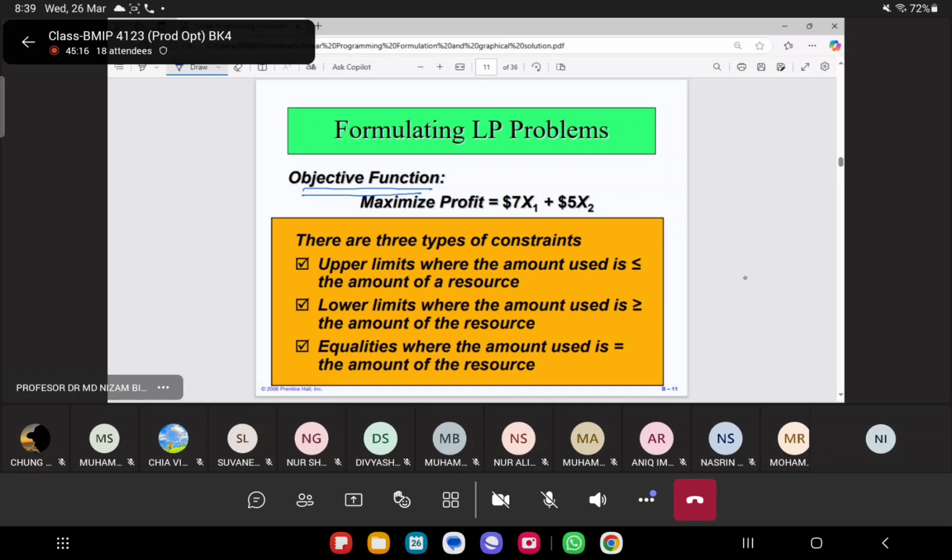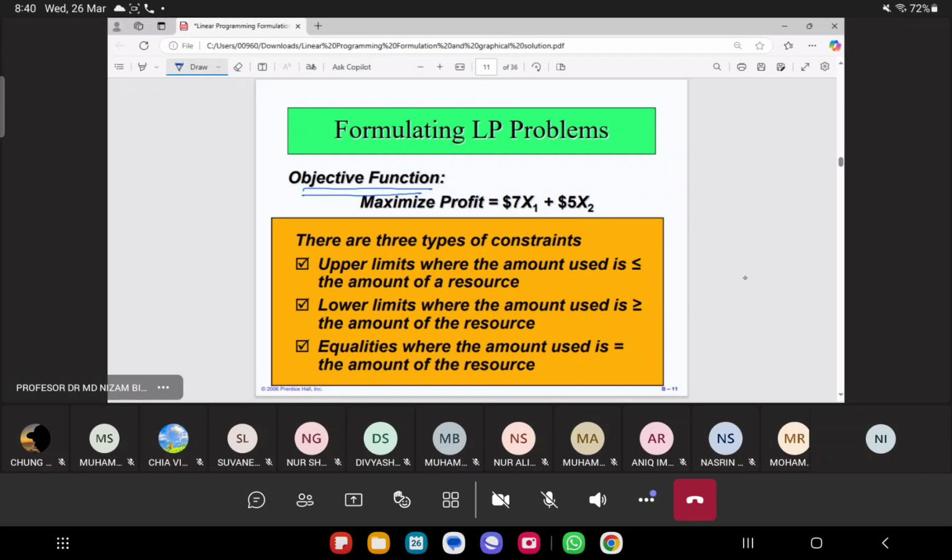Once you develop the objective function, the next step is to define the constraints. Remember, one of the requirements for a linear programming problem is that there must exist a constraint.